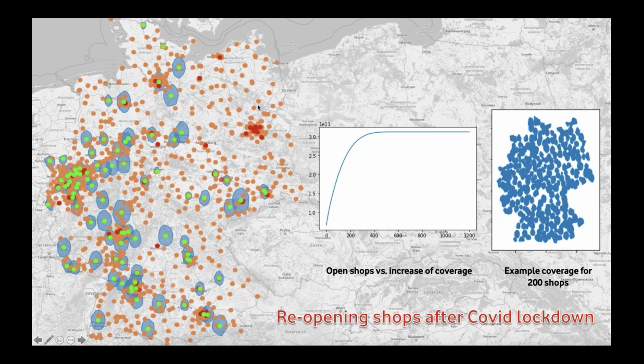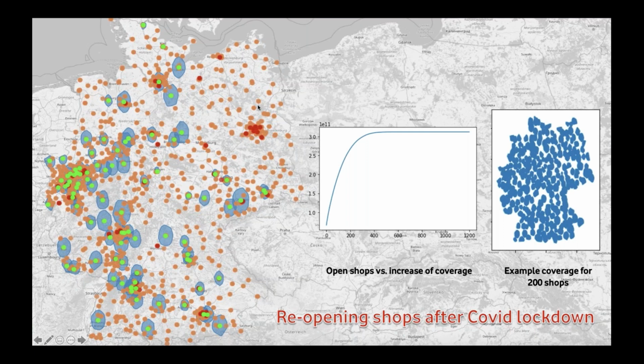So opening as few as possible, but making sure that every customer has a shop near to them. On the left-hand side, some shops are selected as red circles, which are shops that business said must be open. They must be part of the solution.